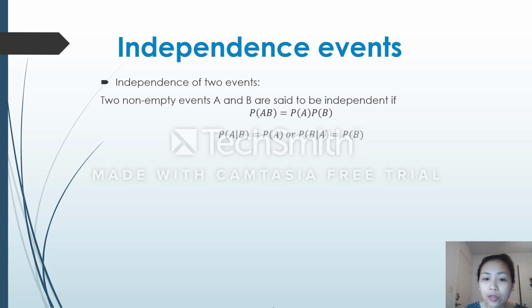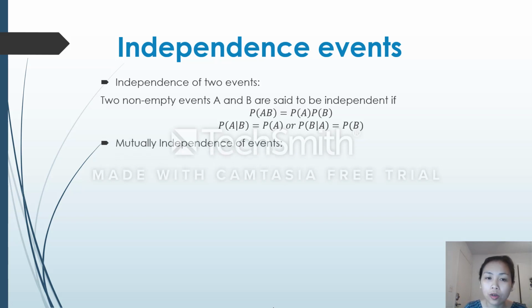Another way to think about this is probability of A given B equals probability of A, or probability of B given A is the same as probability of B. That means whether B occurs or not, the probability of event A occurring will be the same. And whether A occurs or not, the probability of event B occurring will be the same.